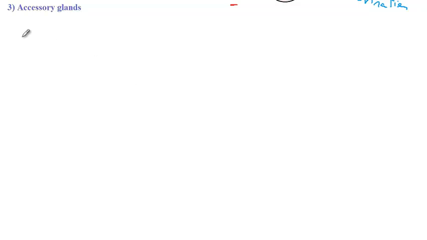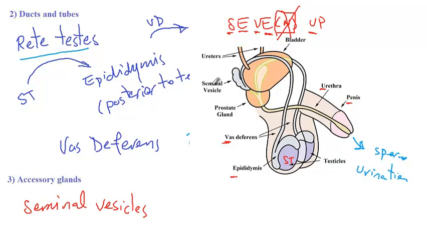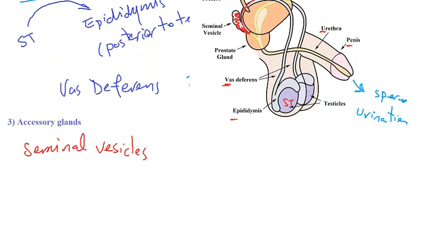The first one is called the seminal vesicles, which are secretory glands attached to the vas deferens to form the ejaculatory duct. Here we have the seminal vesicles attached to the vas deferens right here, and these are forming the ejaculatory duct.